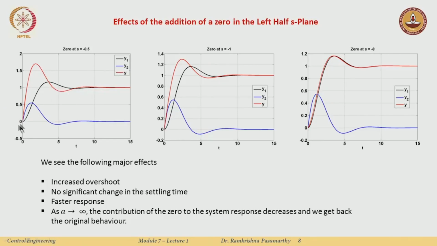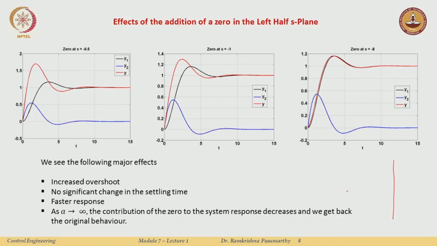Okay. So, the black curve was the original response. I add a 0 at s equal to minus a and then I get this one, again maintaining the DC gain to be 1. Okay. So, this is at s equal to minus 0.5.